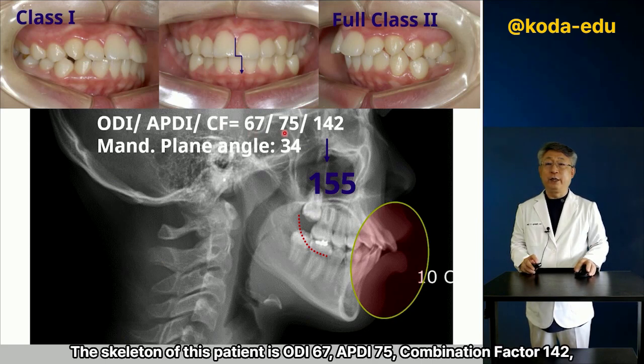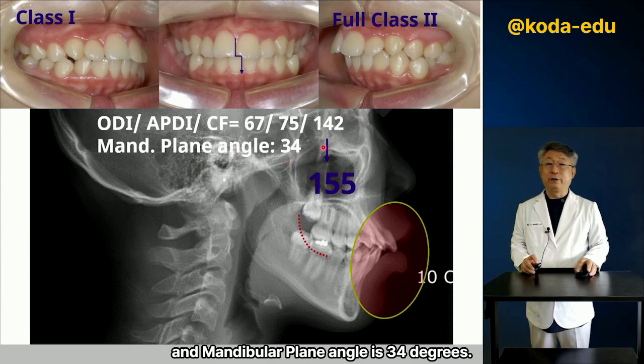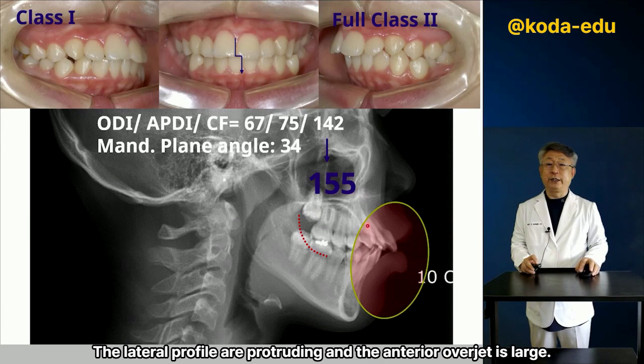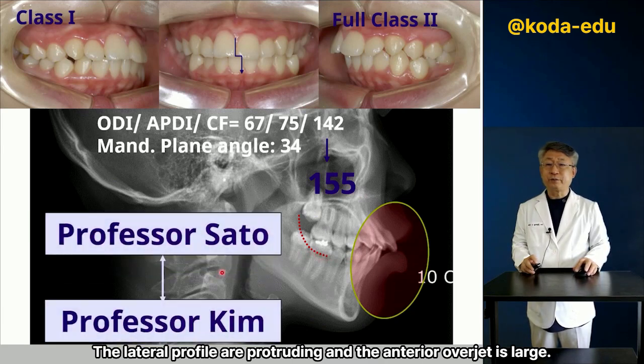The skeleton of this patient is ODI 67, APDI 75, combination factor 142, and mandibular plane angle is 34 degrees. Could this patient's CF go from 142 to 155 after treatment? The lateral profile is protruding and the anterior overjet is large.